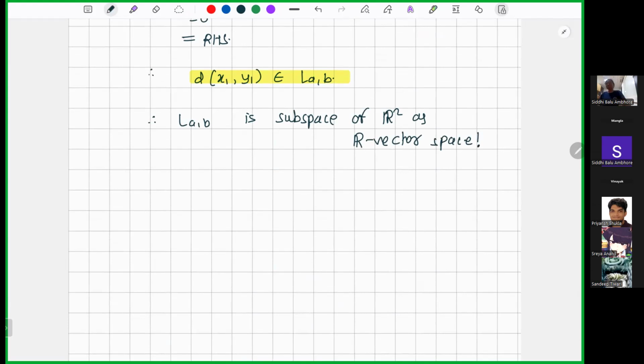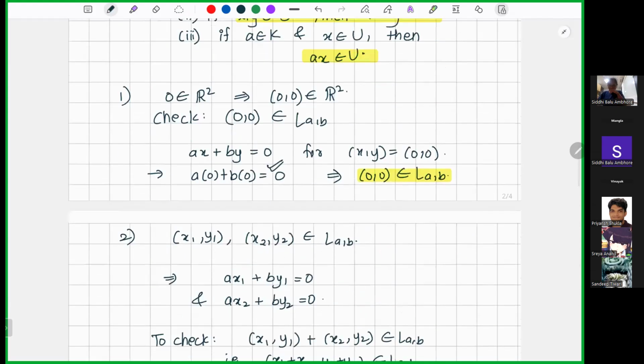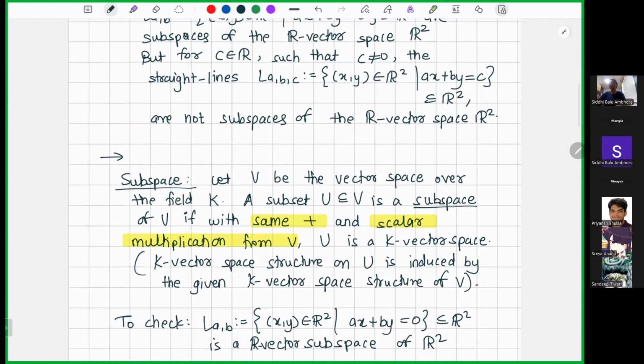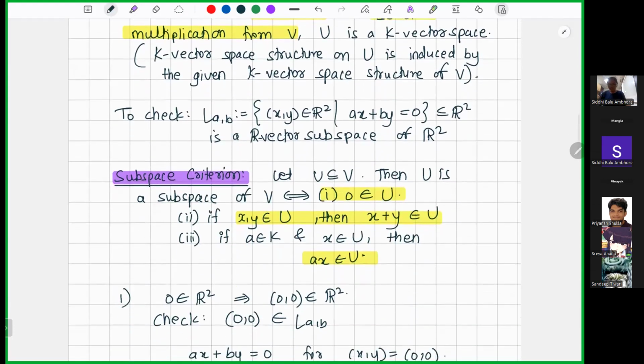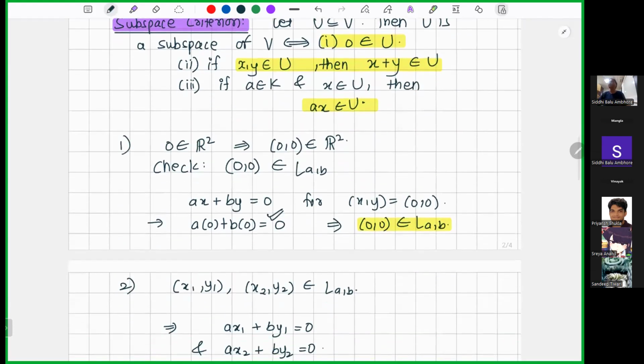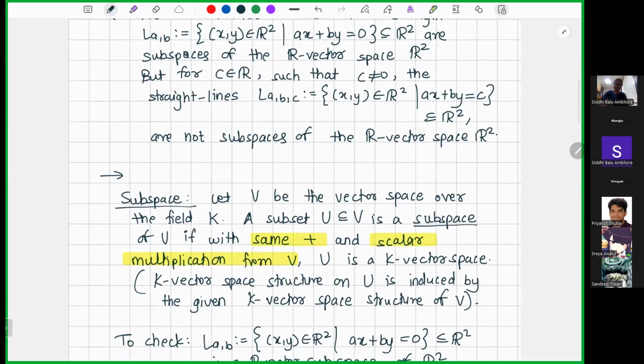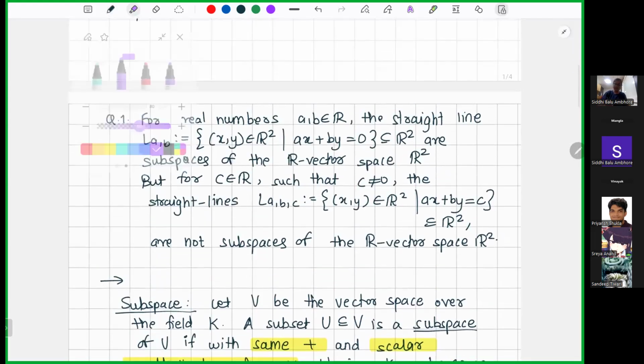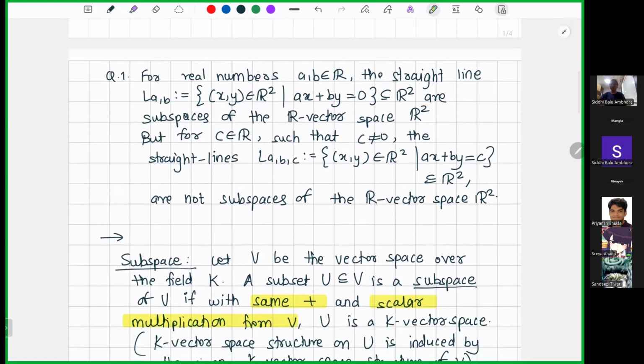Yeah, so the structure which we are talking about is, to answer the question asked in the chat, we started with the subspace of R2. We wanted to check whether this given set is a vector subspace of R2 or not.